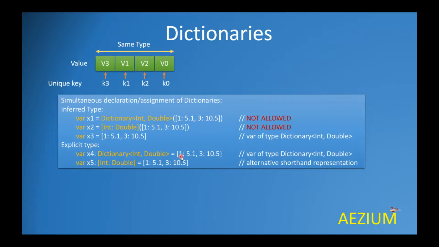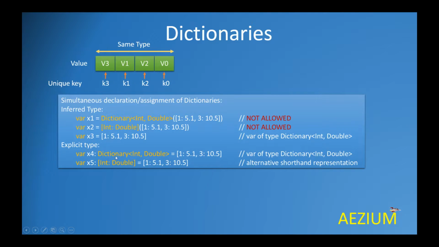The first part of the pair is the key, followed by a colon, and the second part of the pair is the actual value. So this is the key value pair that we use in the dictionaries. The second entry again has a key which is equal to 3 followed by colon, and 10.5 is the value of the dictionary entry associated with that key.